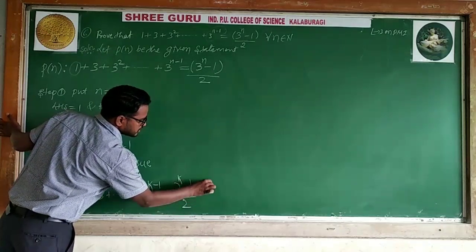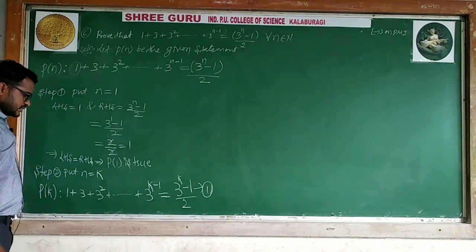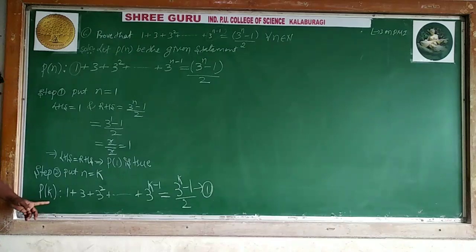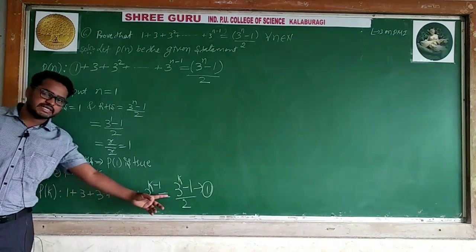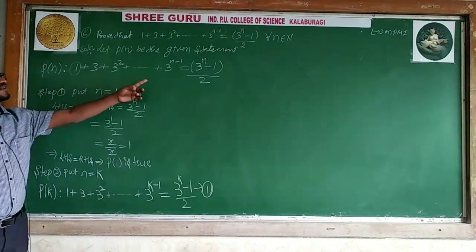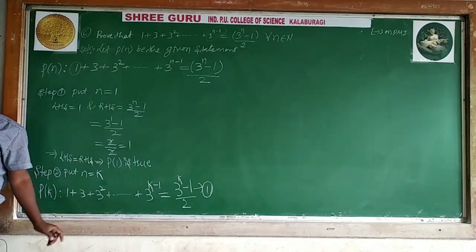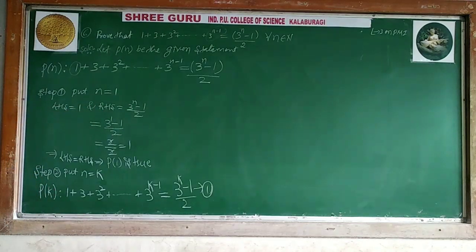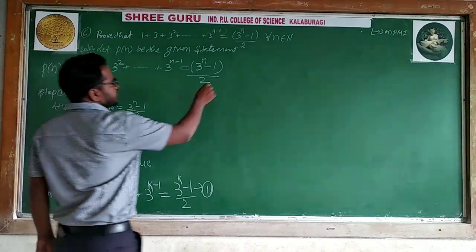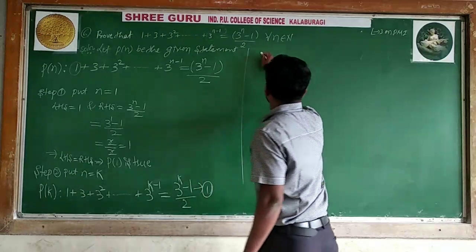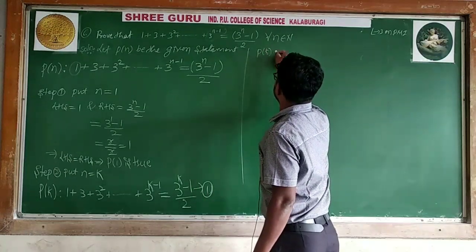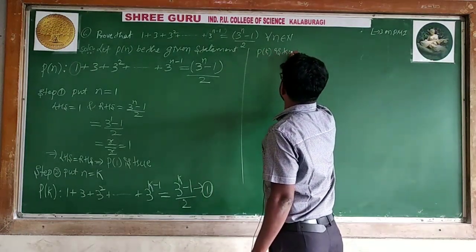Call it equation 1. Is it the same as the given form? Yes, it is the same, only n is becoming k. So can I say that P of k is true? P of k is true.